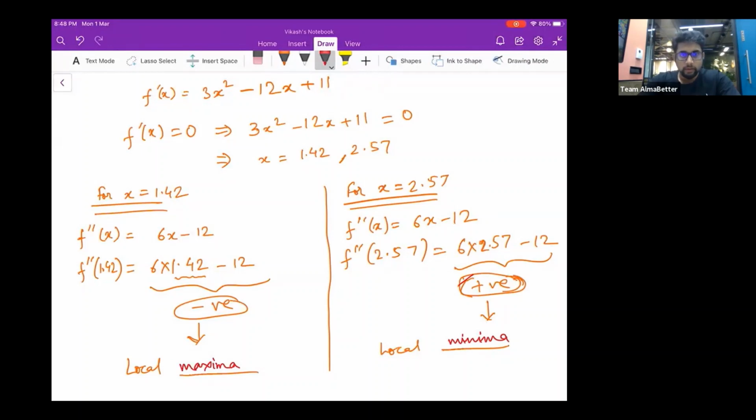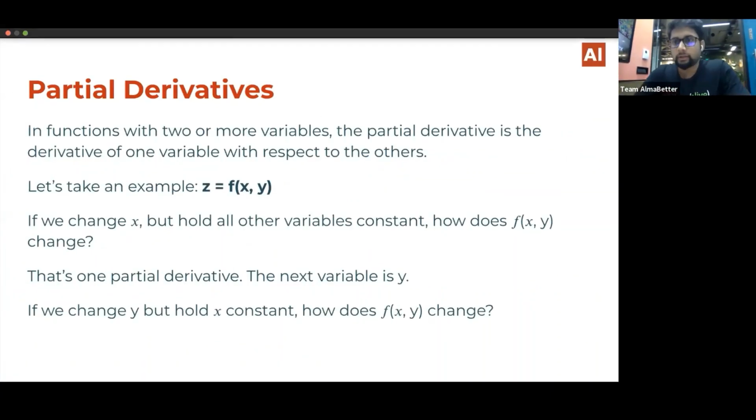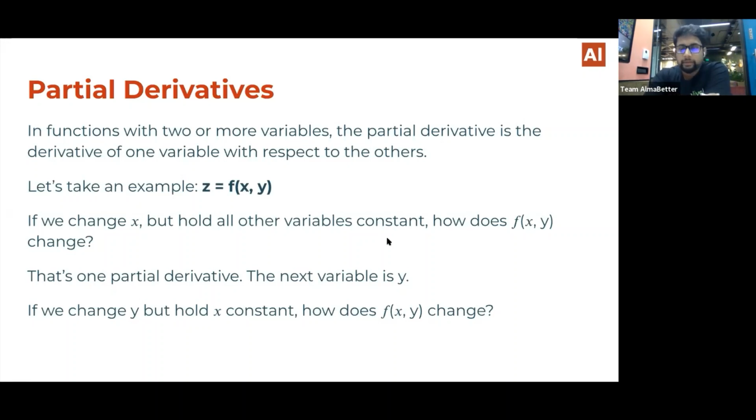Okay, which is partial derivative. So in partial derivatives, basically till now what you have seen is functions in one variable, right?